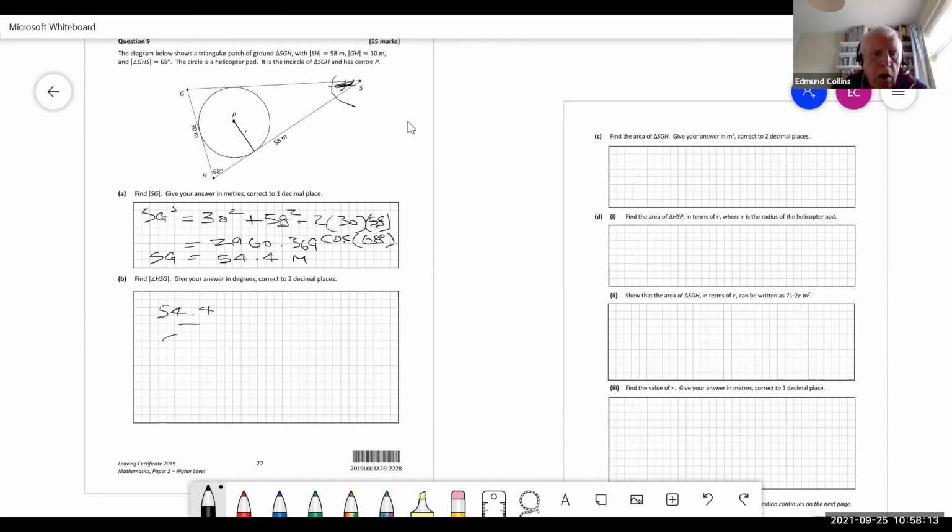So what we can say then is 54.4 over the sine of 68 degrees equals 30 over the sine of the angle HSG.